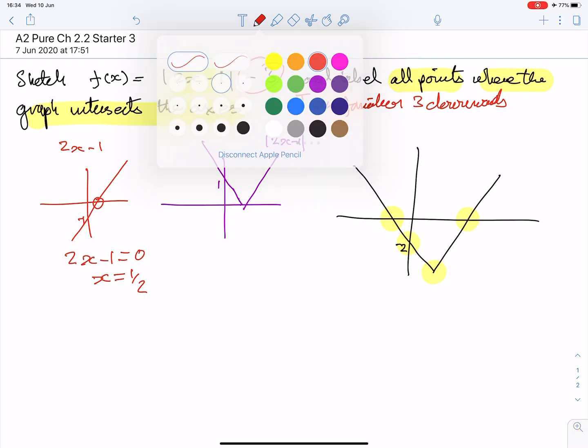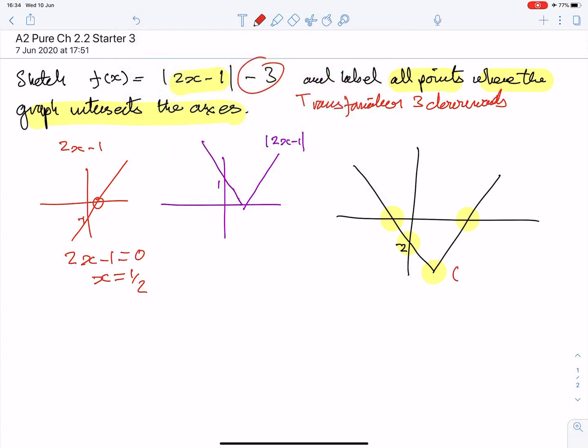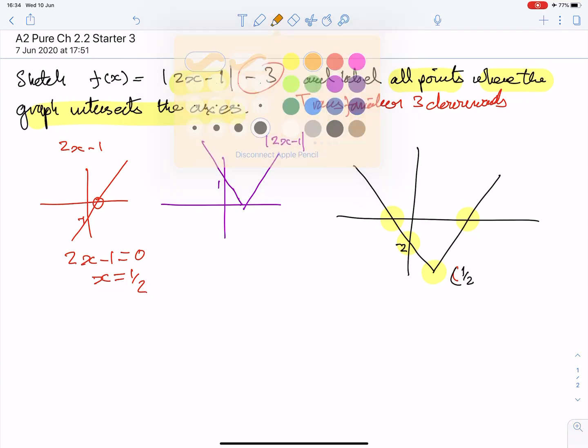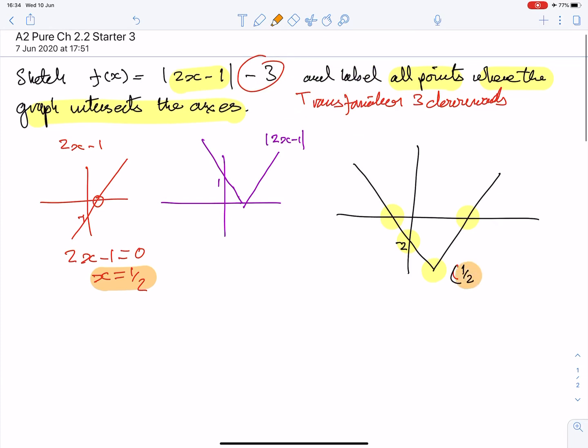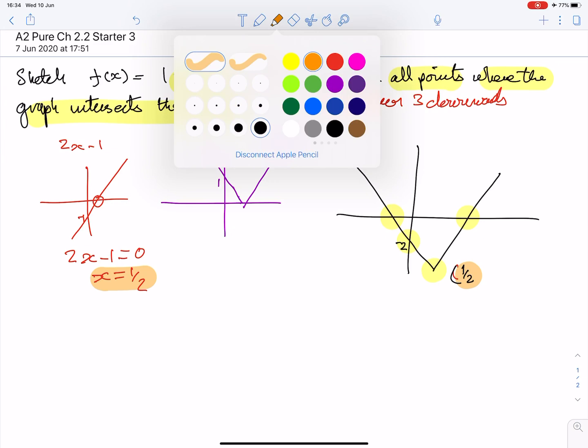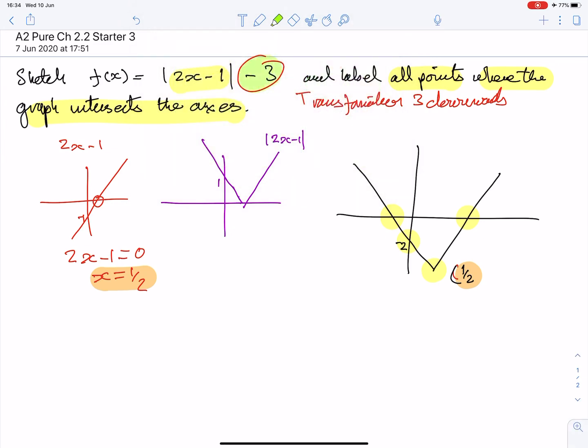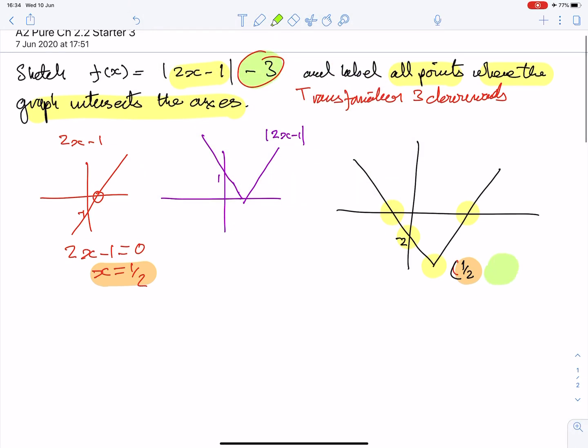So this point here will be a half, coming from over here. So we could highlight that. The minus 3, the moving down 3, means that this point over here, which was on the x-axis, is now at negative 3, because it's moved down 3.